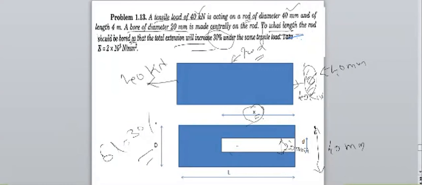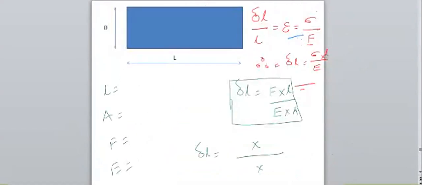So first of all, we are considering a solid rod and we need to find the elongation of the solid due to the external load.